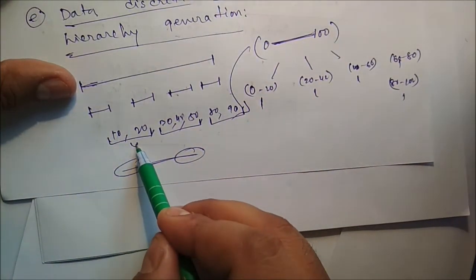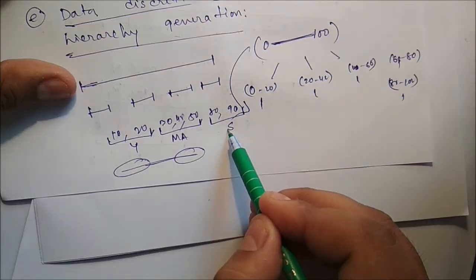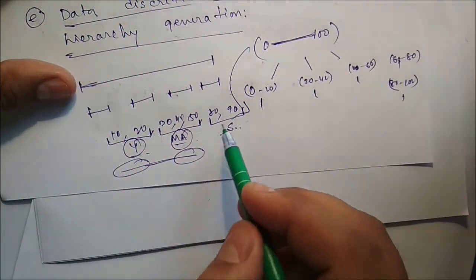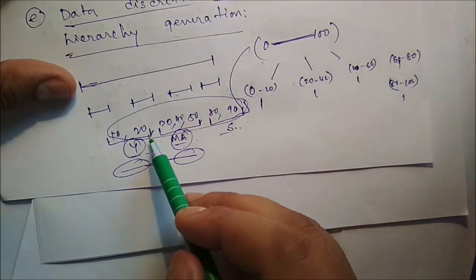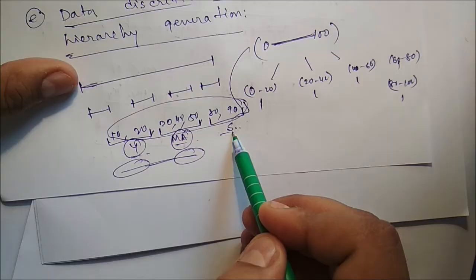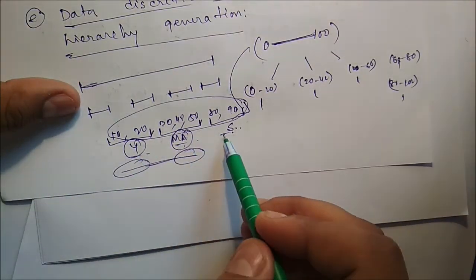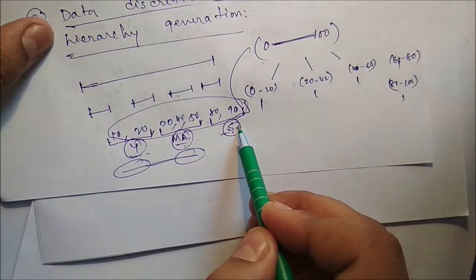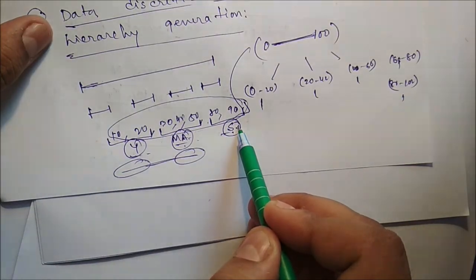So young, middle aged and senior citizen: only 3 classes are there. Instead of storing the whole database, we group the data into a higher level and convert the data into this form. It is possible using concept hierarchy generation.